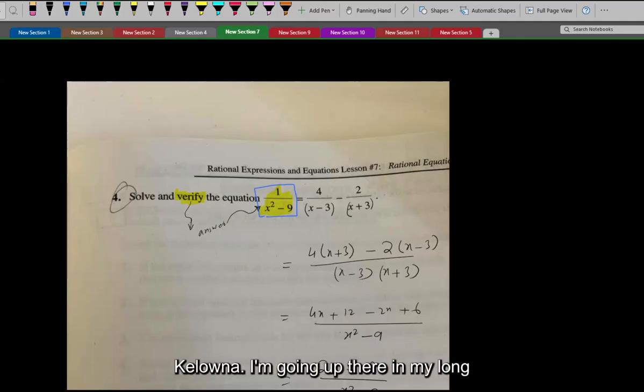Not soon, but I have a cabin in Kelowna. I'm going up there May long weekend. Yeah, I'm really excited. Okay. That's good for you. And meanwhile, I'm checking here.